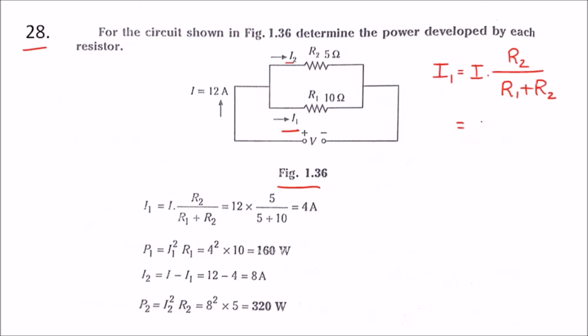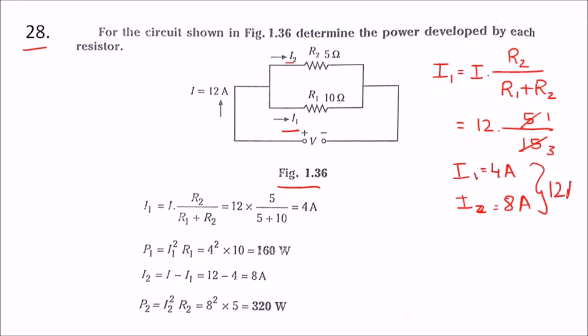We know I is 12, R2 is 5, and the sum of R1 and R2 is 15. So this will become 1 by 3 and I1 will become 4 amps. Once we get I1, we can get I2 easily, that is 8 amps, because total is 12 amps.